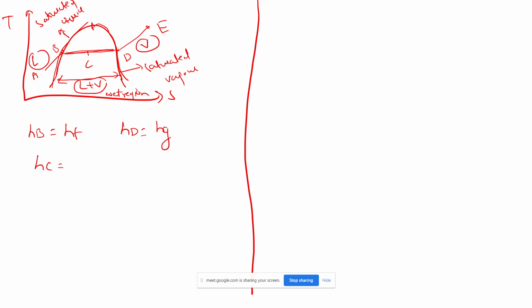H is equal to enthalpy of saturated liquid, HB, plus X into HFG. What is HFG? It is Hg minus HF. HB is directly HF, so we can write like this also.